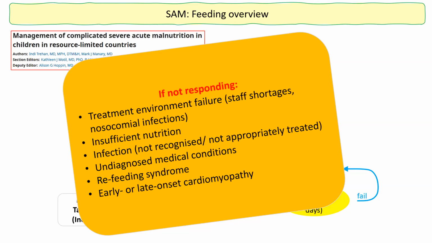Another reason is that the nutrition is inadequate, or that there's an underlying infection that's not diagnosed or treated appropriately, or that the child has some other undiagnosed medical condition and this is not just primary malnutrition. Refeeding syndrome and early or late onset cardiomyopathy are complications related to feeding, but they're quite rare with the use of ready-to-use therapeutic food. I can talk to that a bit later, but these are the things we look for when children don't respond to management.